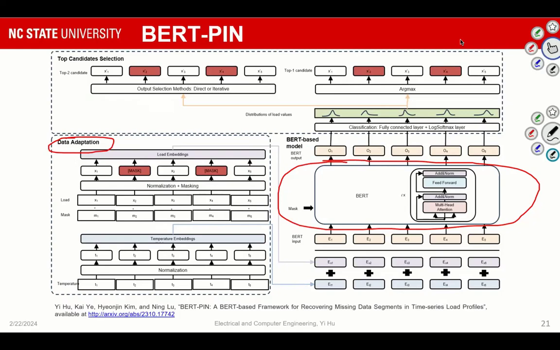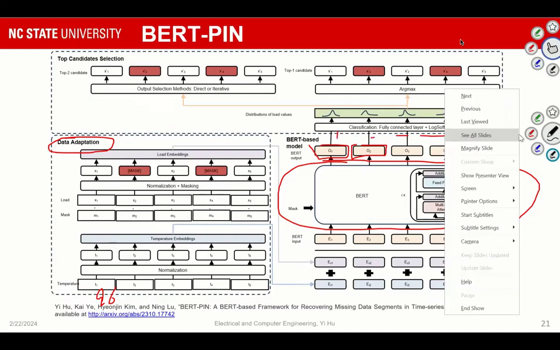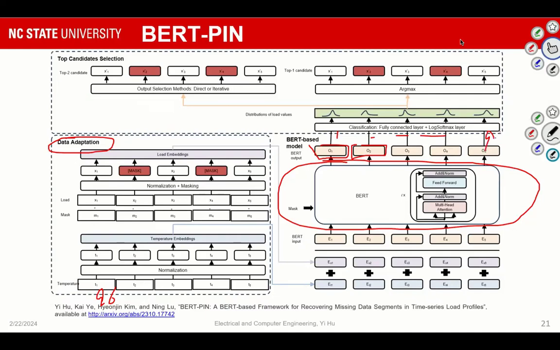And the output is a sequence of embeddings. The length is the same as the input data. For example, if we have 96 points as the input, the output should also have a length of 96, from 1 to 96.